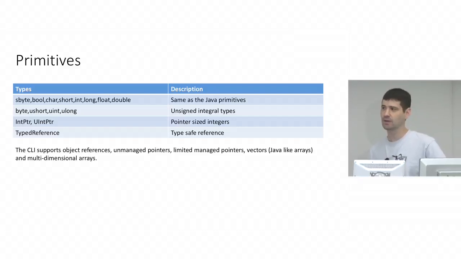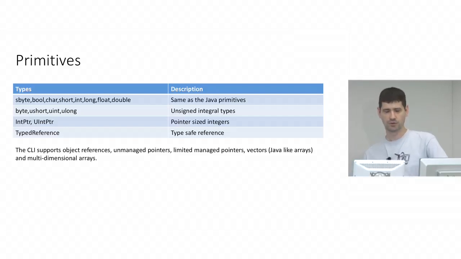And like I said in the previous slide, they have this managed versus unmanaged data idea. And this means that the .NET runtime supports managed and unmanaged pointers in managed code. So in managed code, you can basically just take a pointer to some unmanaged data that you allocate off the native heap and work with it.